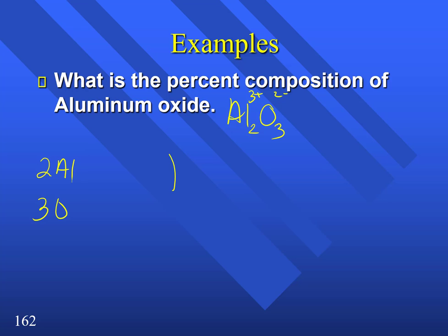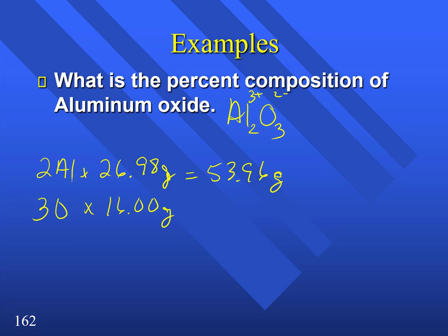Aluminum on my periodic table is 26.98 grams. The oxygen is 16.00 grams. So that is 53.96 grams of aluminum and 48.00 grams of oxygen.